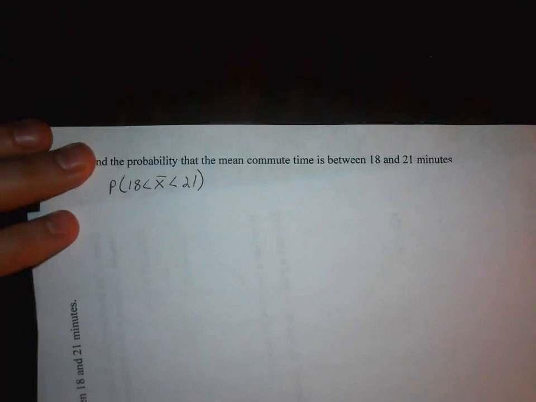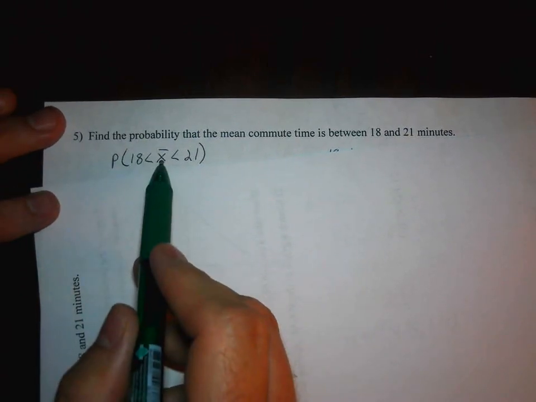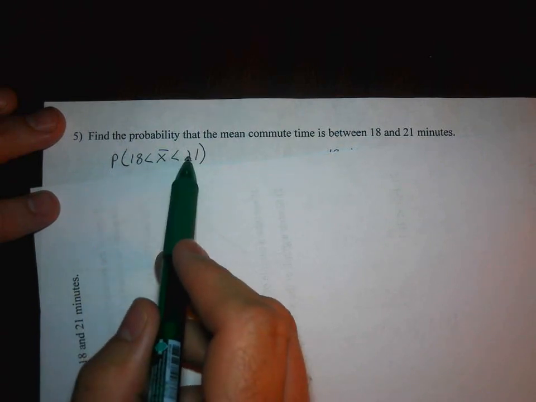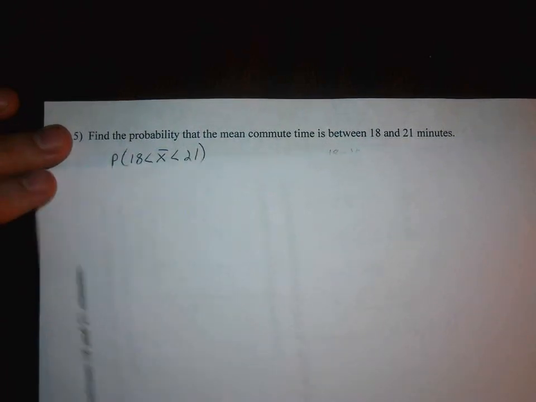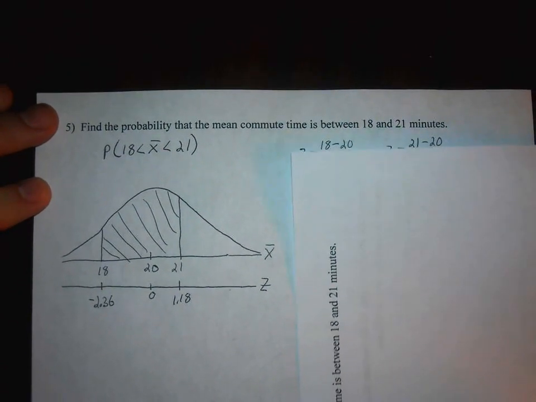And then on the last page, find the probability that a mean commute time is between 18 and 21 minutes. On our graph, it looks like this.